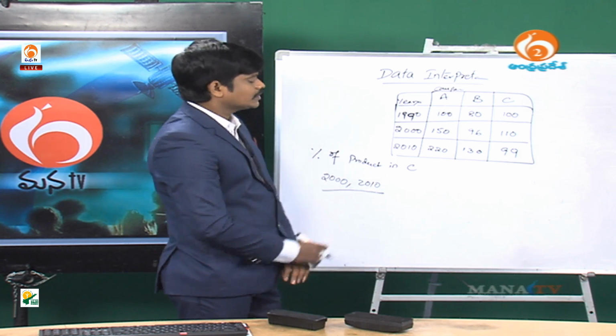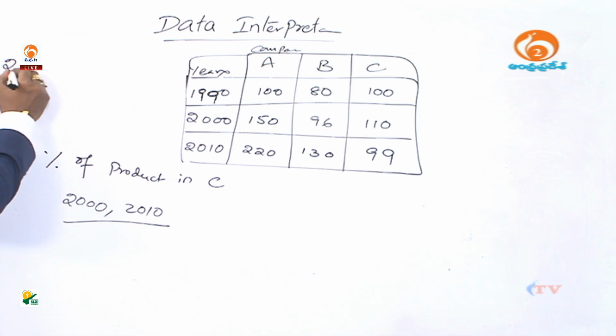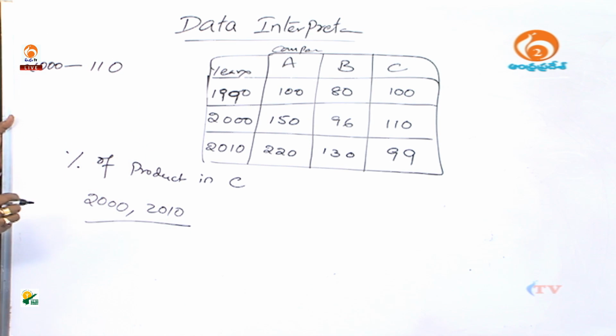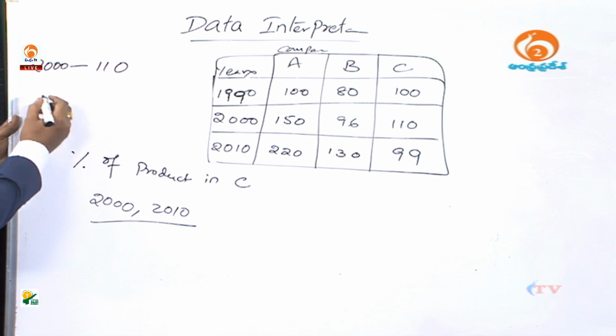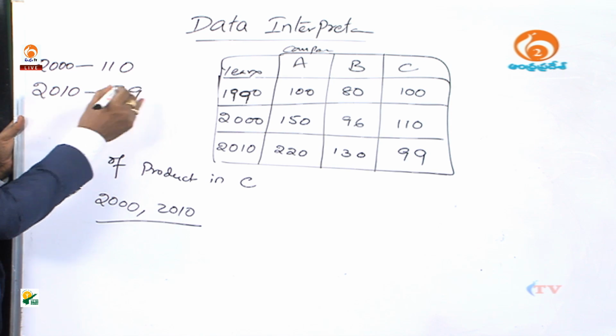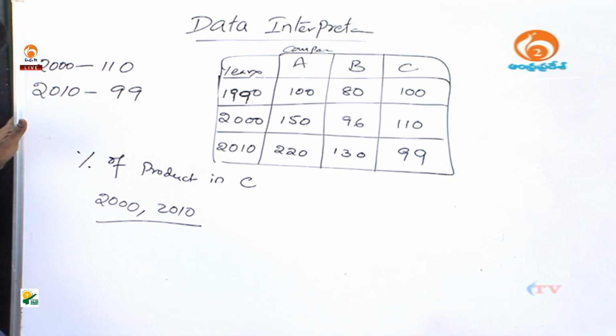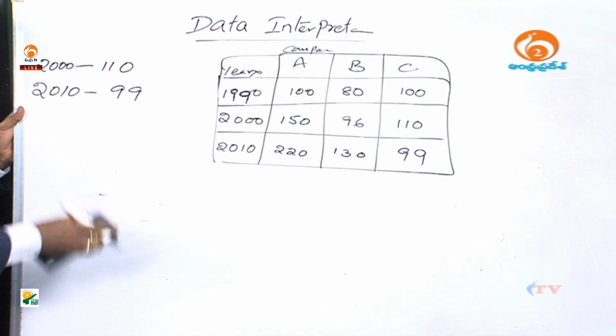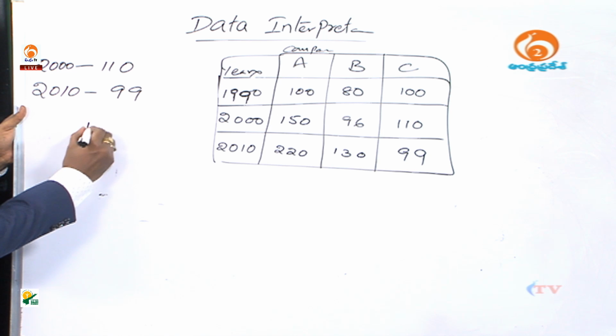Check it now. Company C's production in 2000 is 110 and in 2010 is 99. The value that decreased is 11.